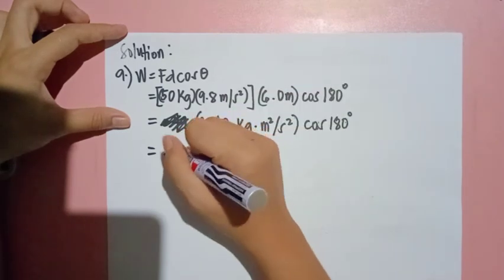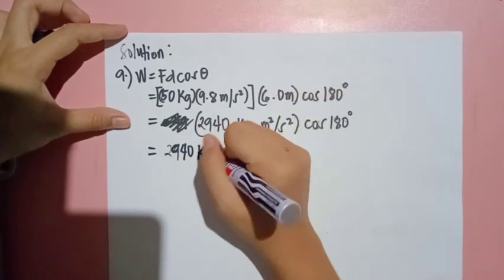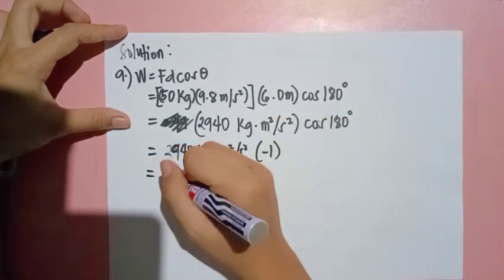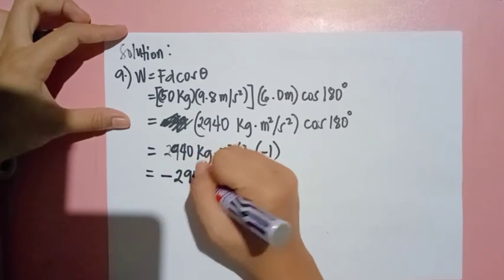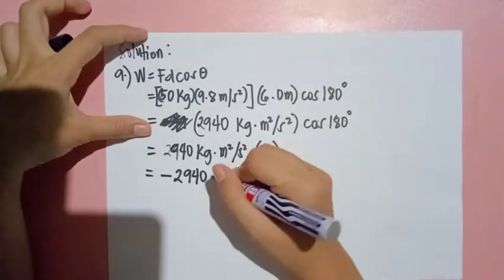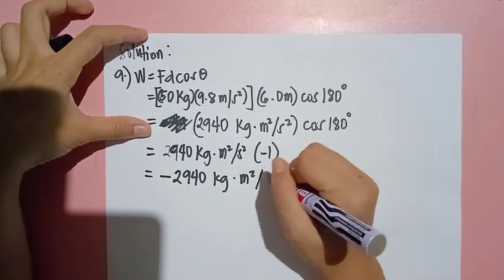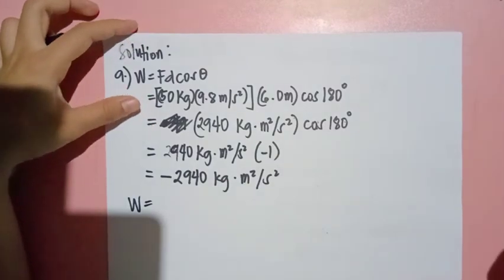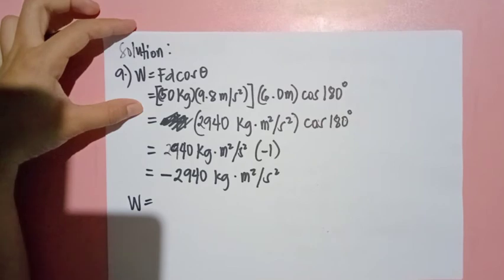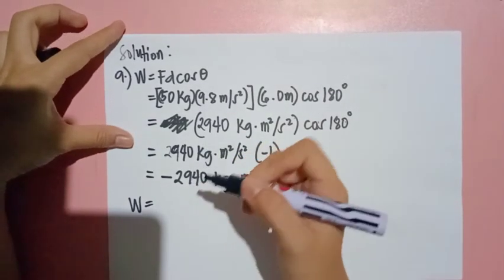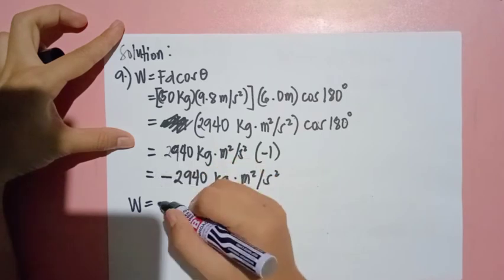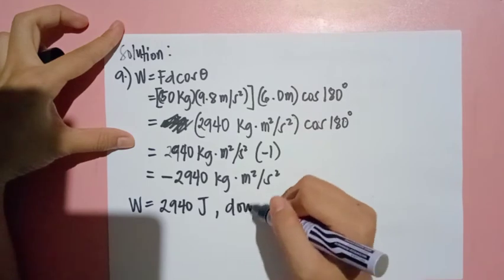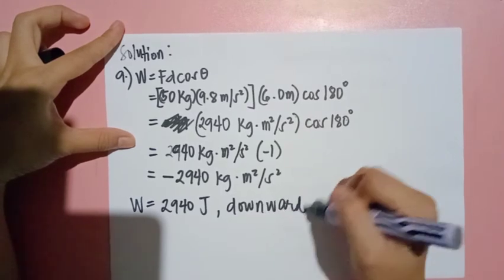So the answer is negative 2,940 kilogram meter squared per second squared, or negative 2,940 joules, downward.